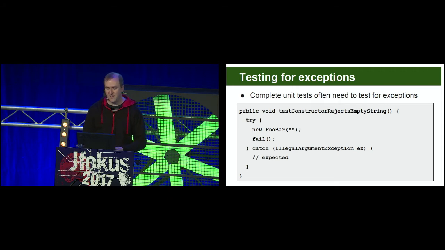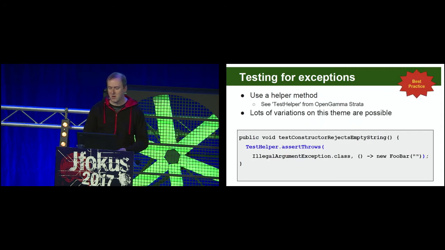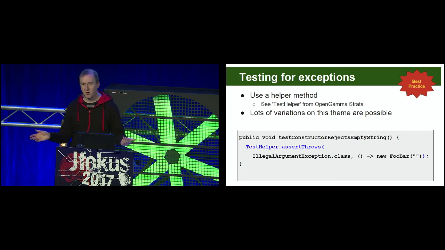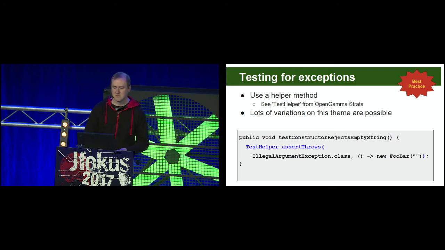Well, in JUnit 5 and beyond, we have something like this. So we can just do testHelper.assertThrows. So you're passing in a lambda representing the code that you want to test, and you're specifying that that's the exception I want it to return.